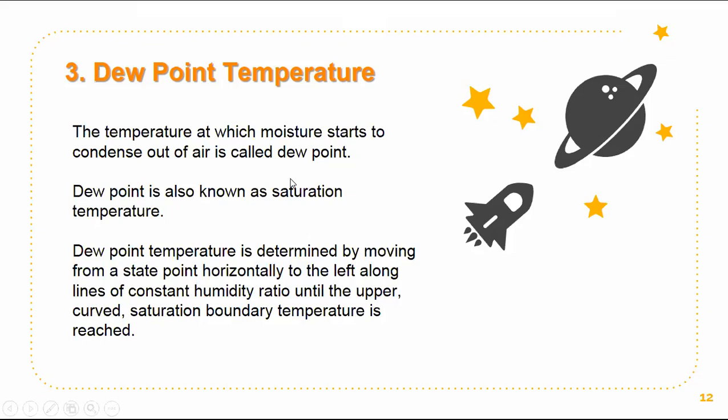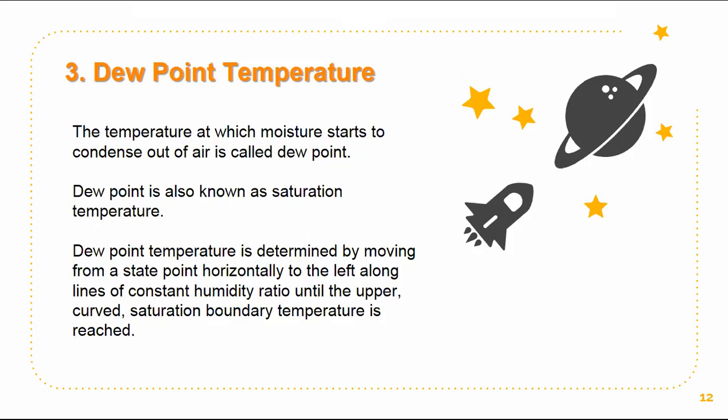At that particular point, we say that your air is saturated with water vapor, and that's when the water vapor starts to condense out of air, just like when solid starts to crystallize out of solution. So the temperature when that water vapor starts to condense is the dew point temperature. The dew point temperature is also known as the saturation temperature.